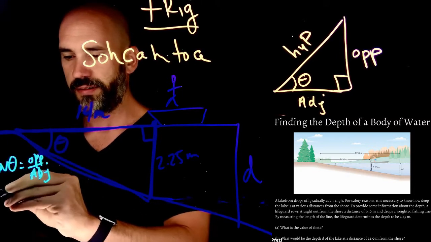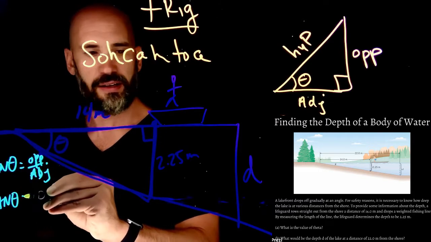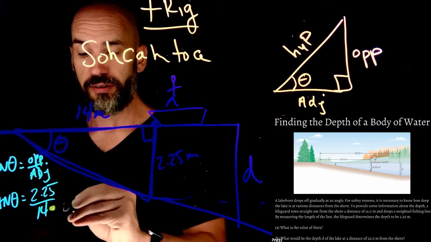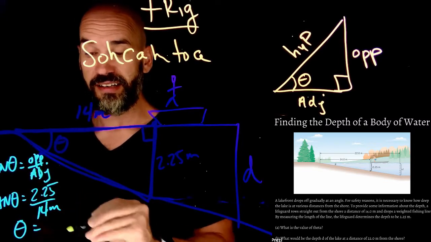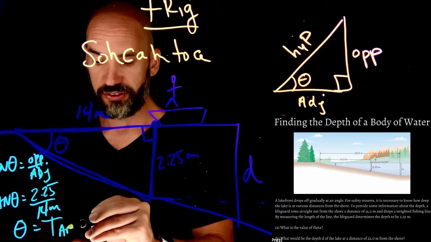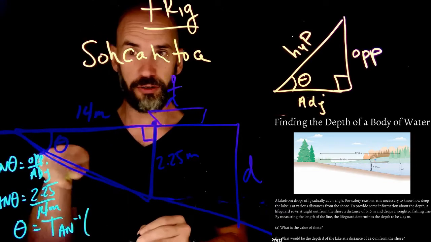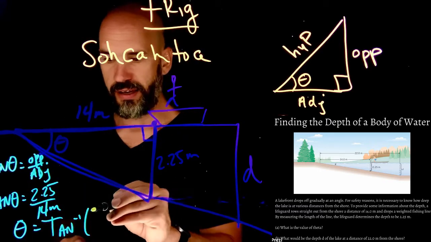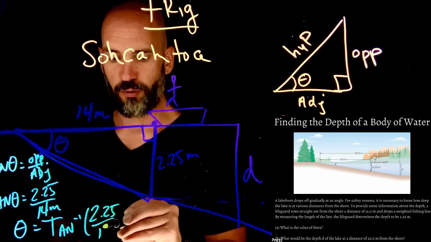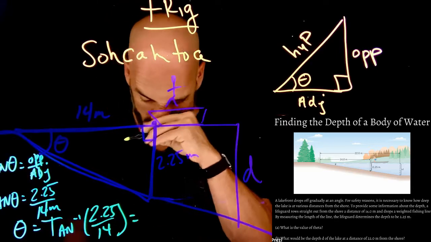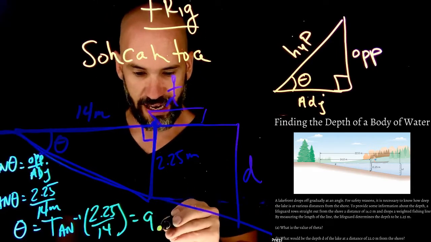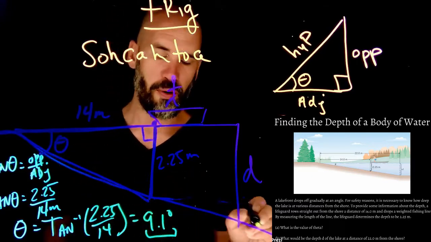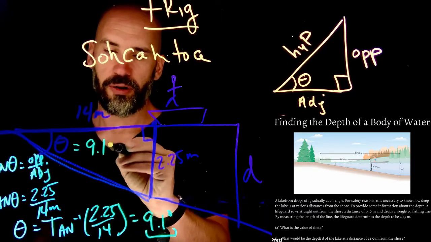And in this case, tan theta is going to be 2.25 divided by 14 meters, which means that theta is just going to be tan inverse, just a function you do on your calculator. You can do that on your little TI-80, 90, whatever. You have 2.25 over 14 meters, and I get the lovely little answer of 9.1 degrees, right? So this lake slopes off at 9.1 degrees.